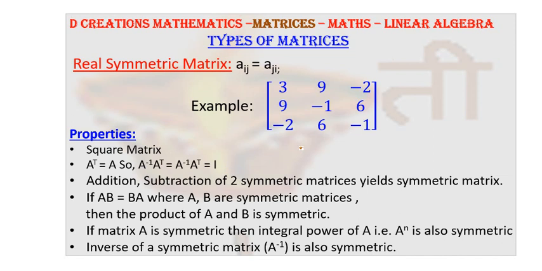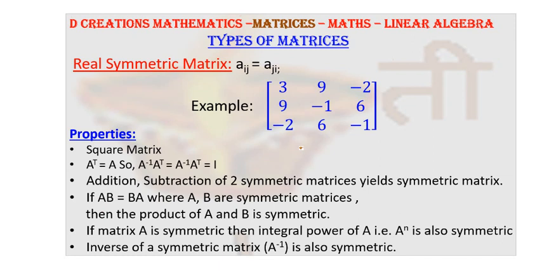Now, regarding the product of two matrices, two symmetric matrices A and B, if the condition of being commutative, that is AB is equal to BA, is valid, then you see that the product is also symmetric.